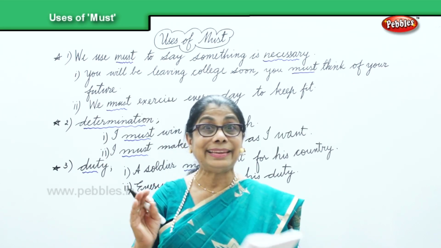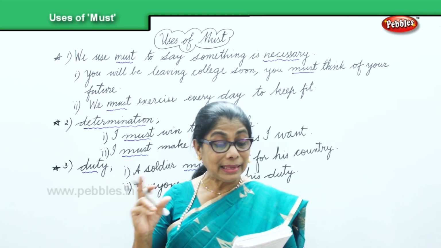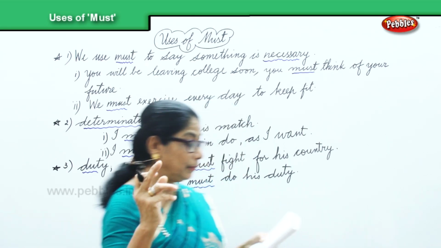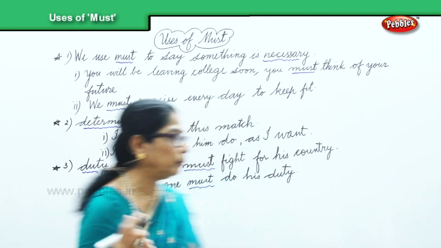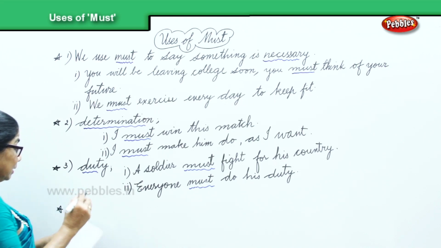Now, in the fourth category, must is used for certainty. Like, he must have reached his home by now. Certainty. Or, your father must have been very strong. So, in the fourth category, we have certainty.